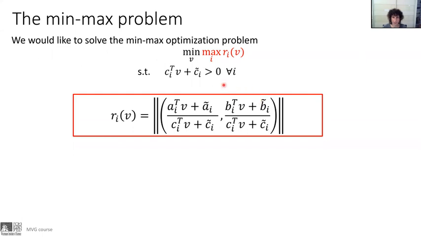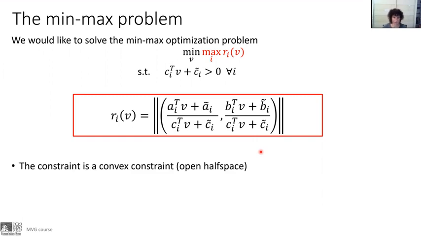I just remind you that we would like to solve the following min-max optimization problem: minimize the maximal residual with the following constraints. This is the formulation of the residual. We already know that this constraint is a convex constraint. Why do we know that?